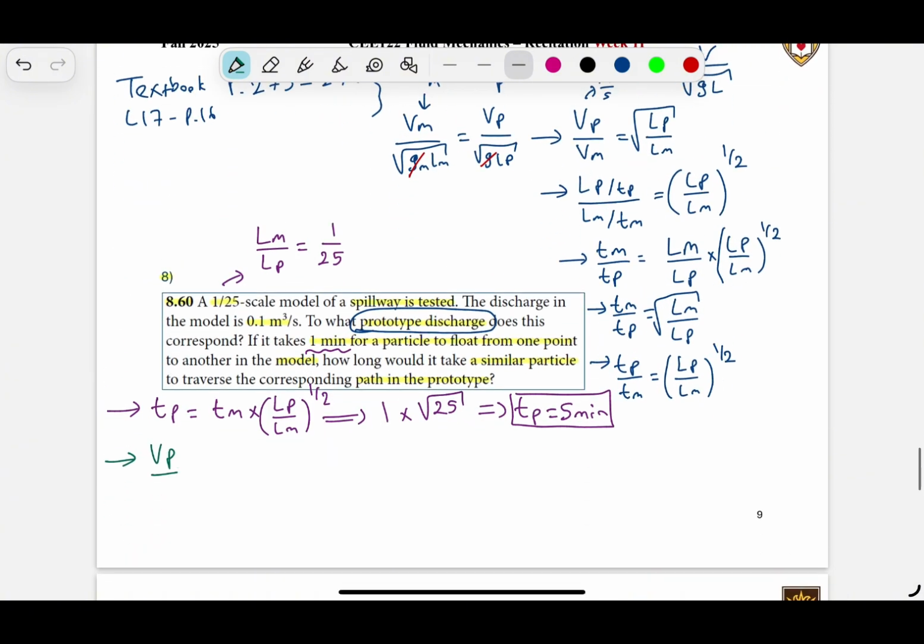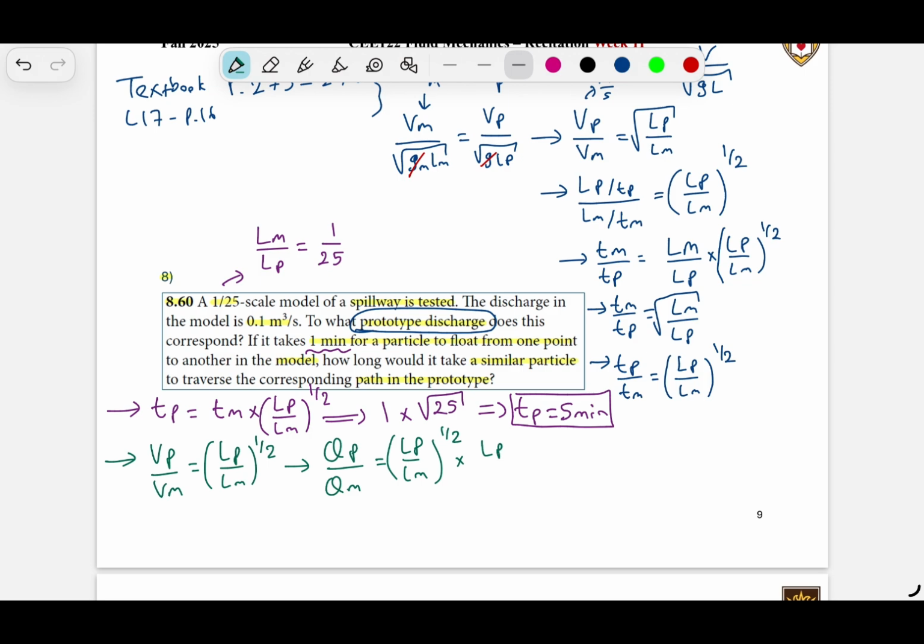So we had Vp over Vm and Lp over Lm. And if we multiply this by area, we will have Qp over Qm, and this will be equal to Lp over Lm times Lp square over Lm square.